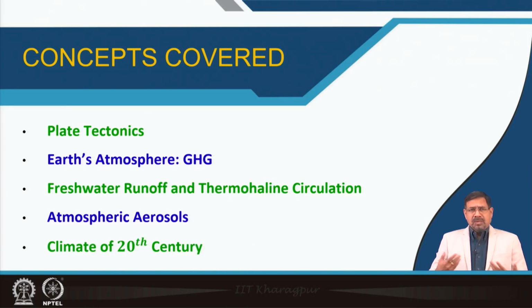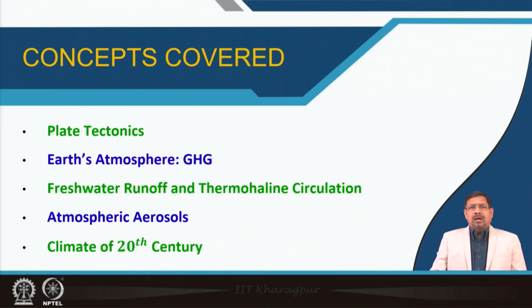The atmosphere is getting loaded by various greenhouse gases, dominantly because of our anthropogenic activity. So, let us understand how these greenhouse gases have a warming impact, that is why they are greenhouse gases, and in turn lead to global warming and climate change.